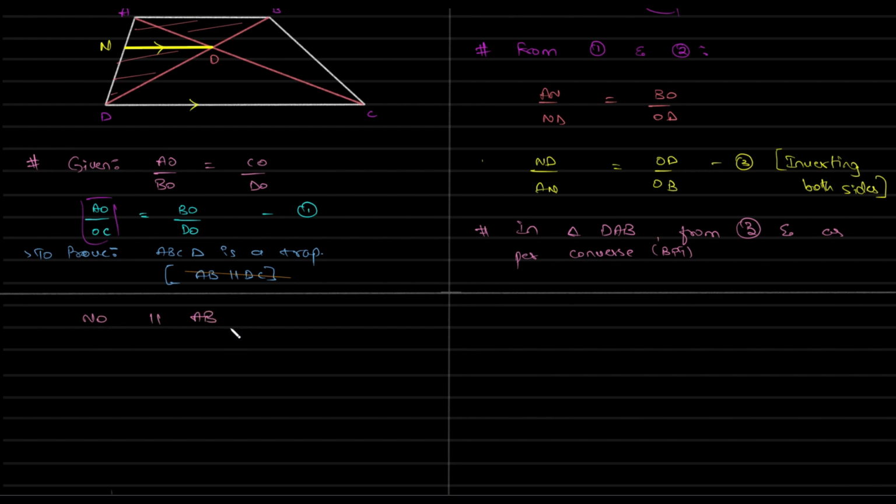NO is also parallel to DC. So we have, as NO is parallel to DC, this is the construction, is it not? Therefore AB is parallel to DC. Okay, right? And thus ABCD is a trapezium.